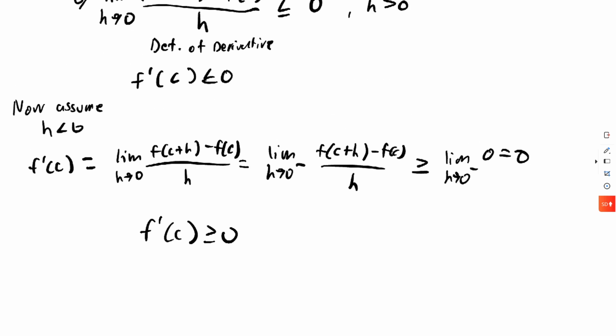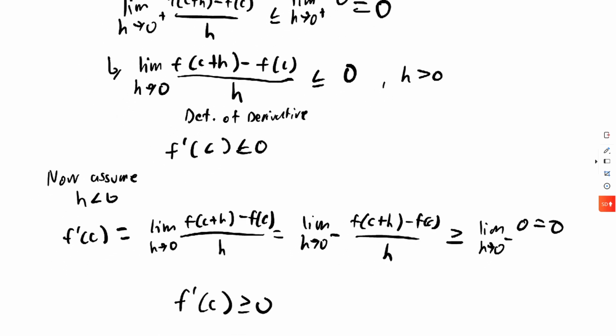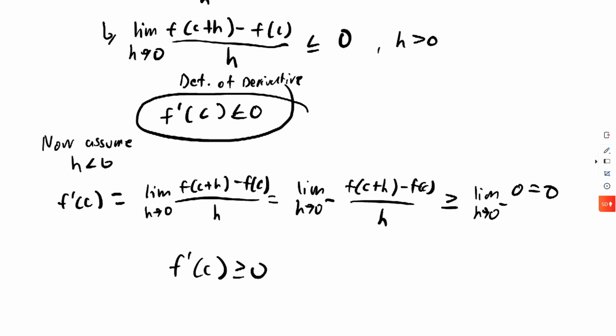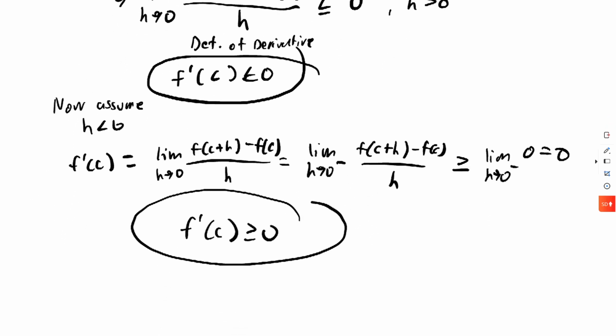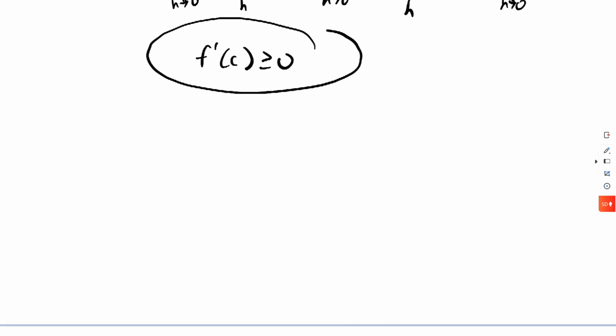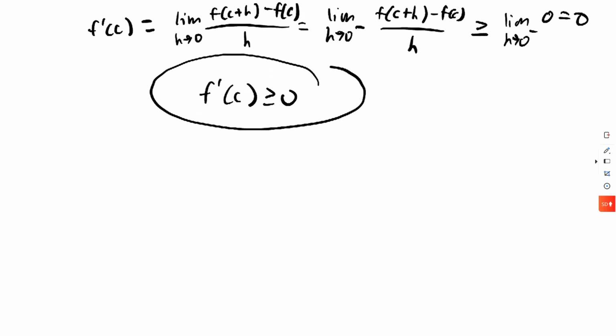Okay, so why did we just do this? We had this conclusion, and we also had this conclusion. From these two, we've shown that f prime of c is less than or equal to 0, and f prime of c is greater than or equal to 0.